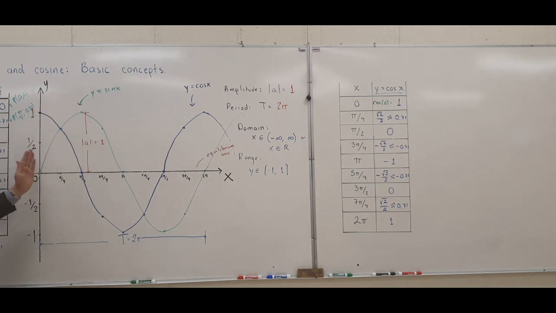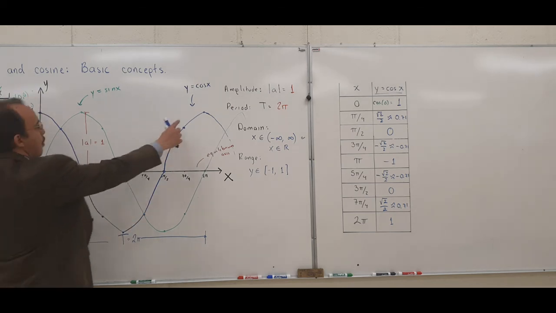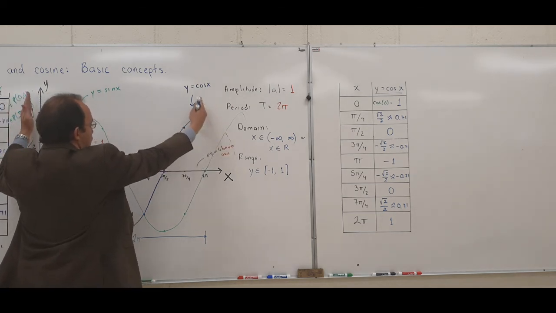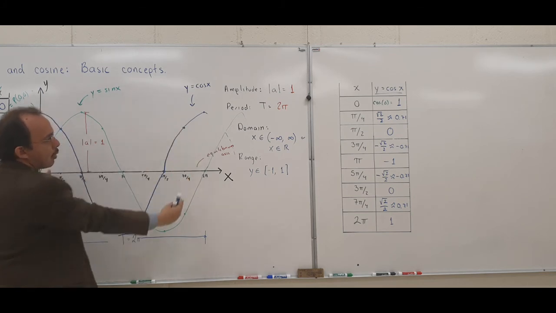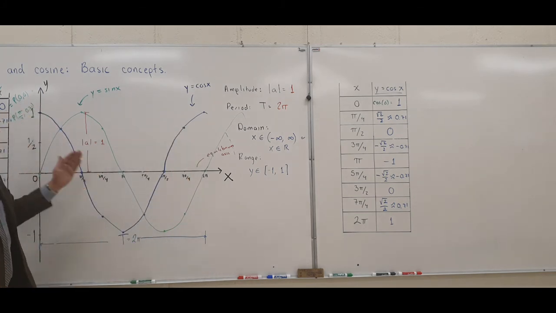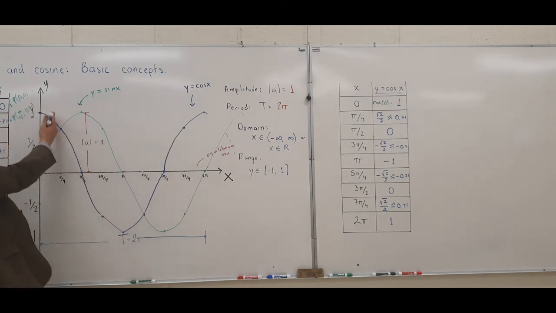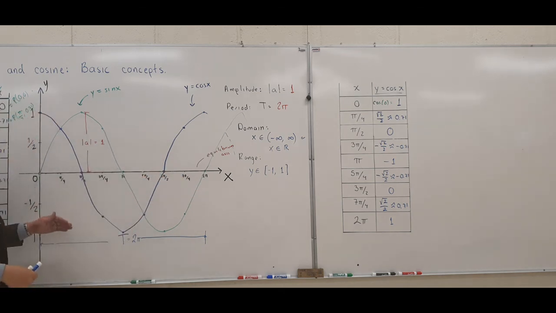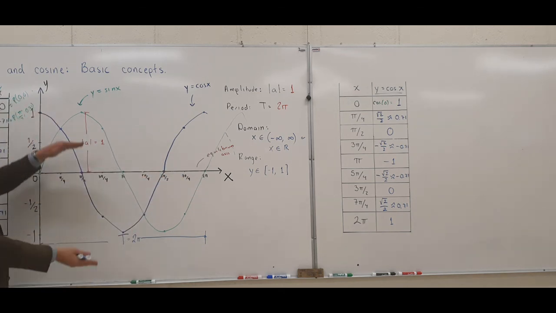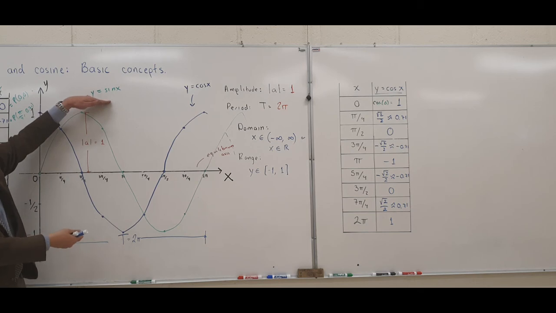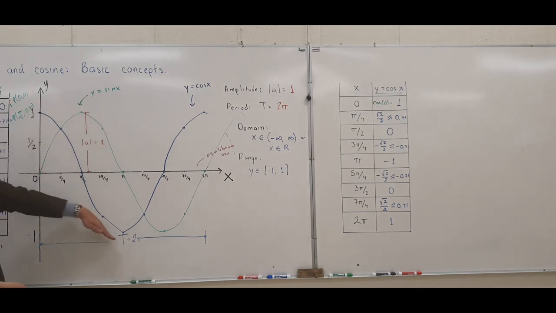The period, again, one complete cycle. When the function starts at the top, it ends at the top, so we have, again, a period of 2 pi. The domain, again, exactly the same, is all real numbers, negative infinity to positive infinity, and the range is going to be from -1 to 1, included because the points are included here.